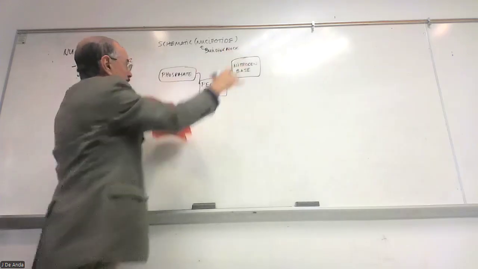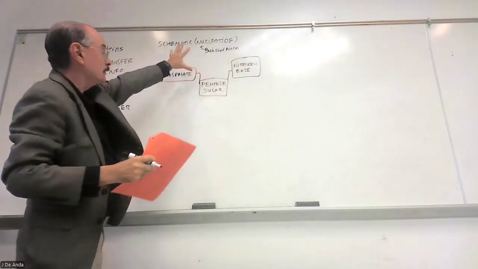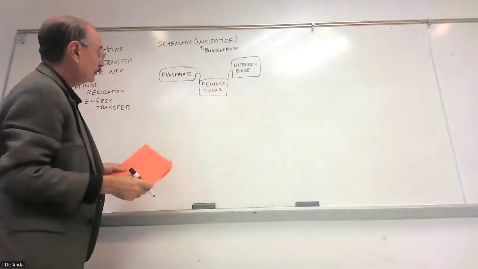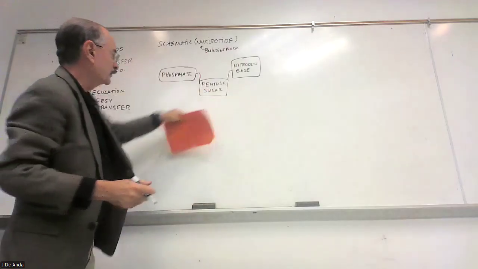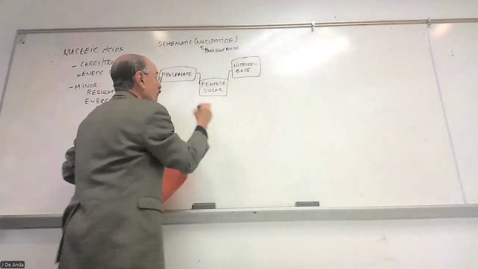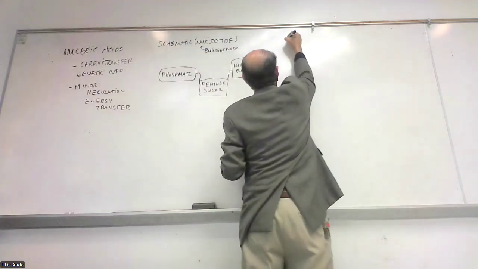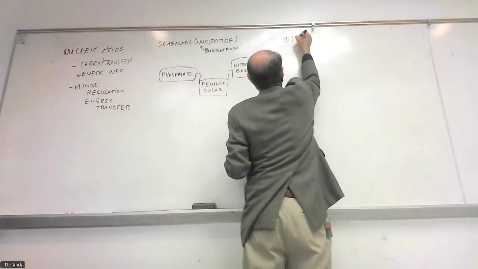That's kind of the schematic. Those are the three components of a nucleotide. So let's start looking at the pentose sugars first of all. Let's talk about the sugar.